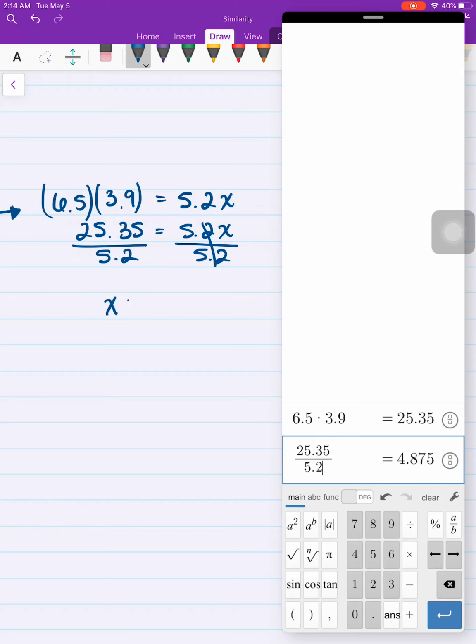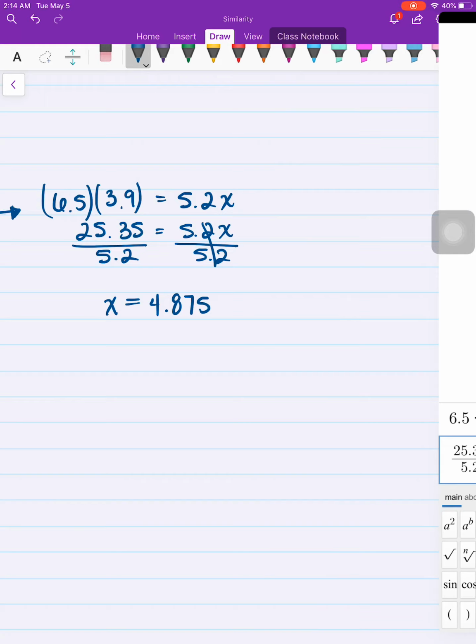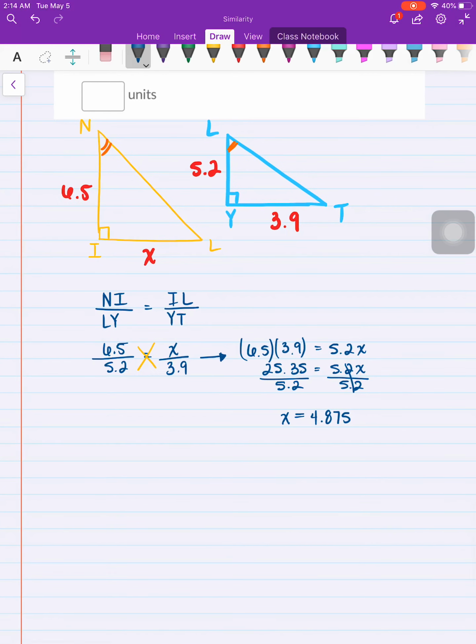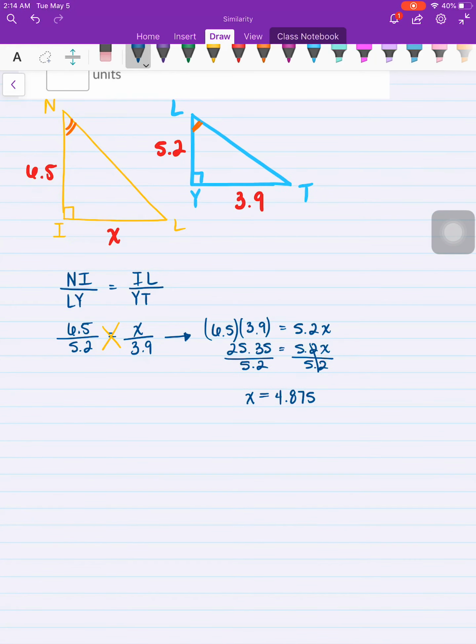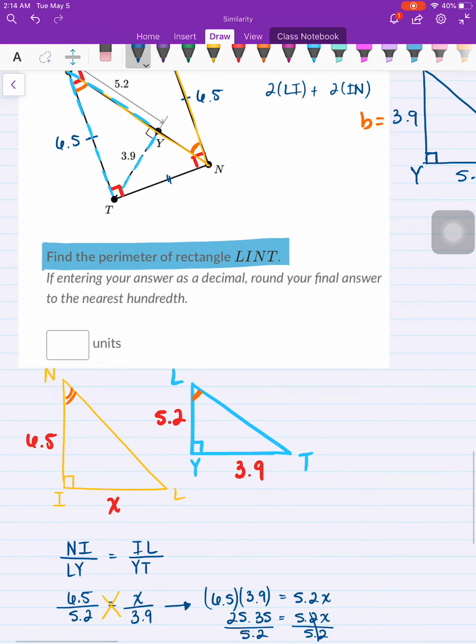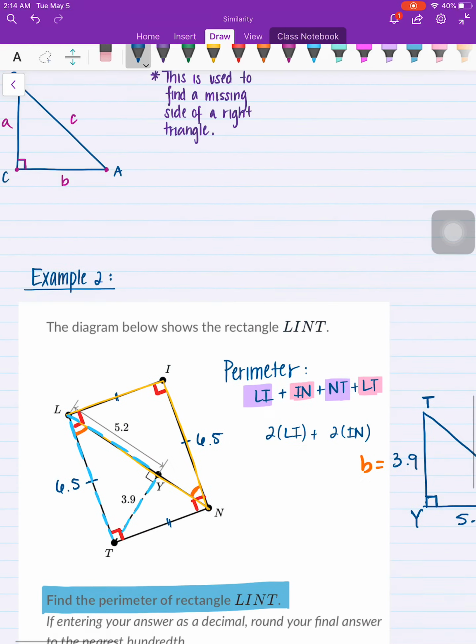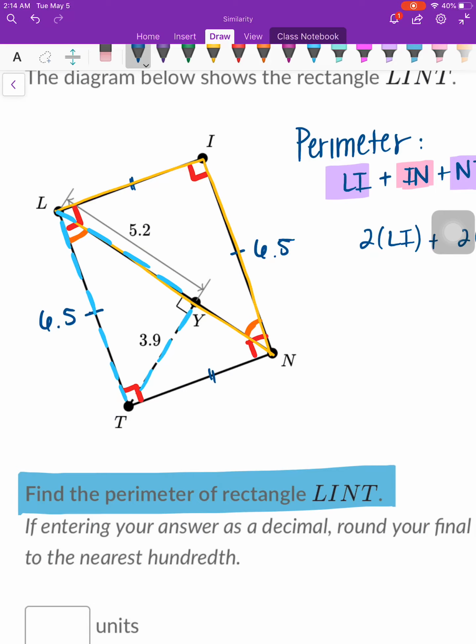So then x in this case is 4.875. And this x represents the IL. So IL equals 4.875, which means that this side here measures 4.875, and the opposite side to it also equals the same thing.